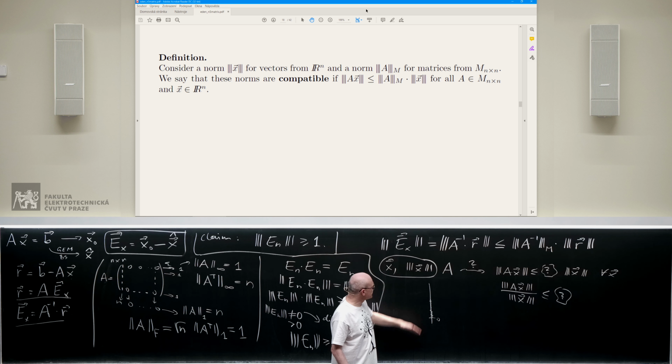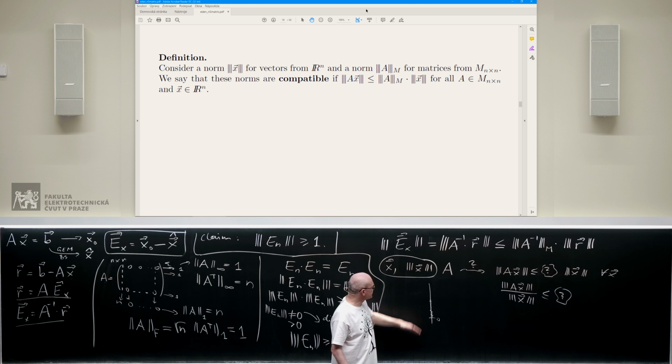I try a different vector norm, I look at the induced matrix norm of A, and I get this number, and this, and this, and this. And remember, I'm trying to get small numbers, so I'm trying to go as low as possible. And it turns out that there is a bound below which I cannot go, and this bound is exactly the spectral radius, in other words, the largest eigenvalue.